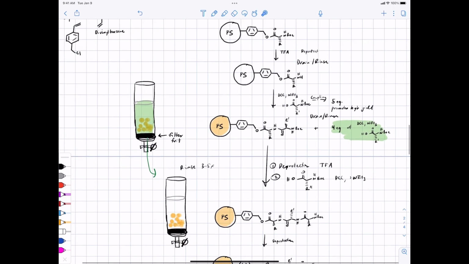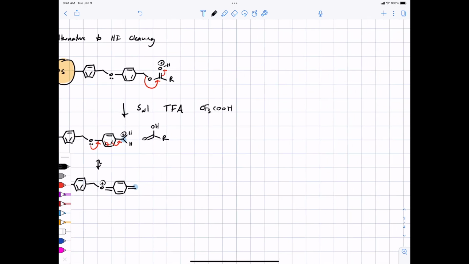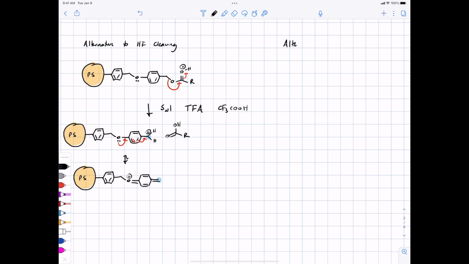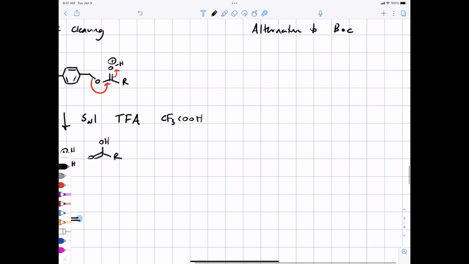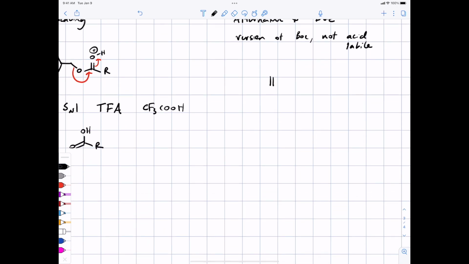So, having developed a new way to do a cleaving reaction, we also needed an alternative to Boc. We need basically a version of Boc that is not what we will call acid labile. That means it does not deprotect under acidic conditions. So if you remember the structure of Boc, I'm just going to use R for the rest of our amino acid.